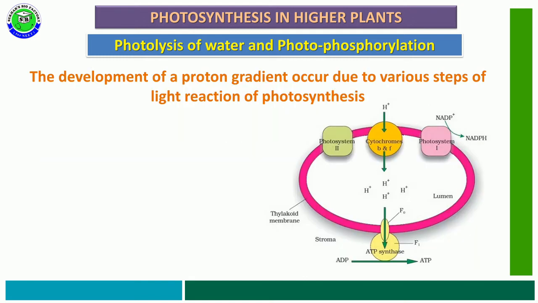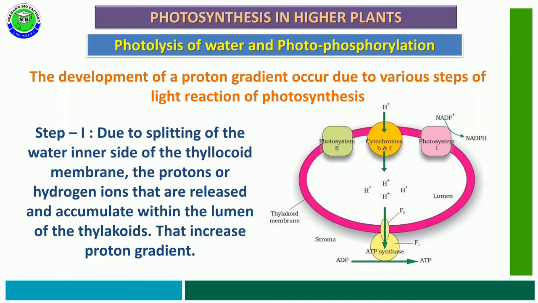To understand the mechanism of the chemiosmotic hypothesis for the formation of ATP, the development of the proton gradient inside the thylakoid lumen occurs due to various steps of the light reaction in photosynthesis.